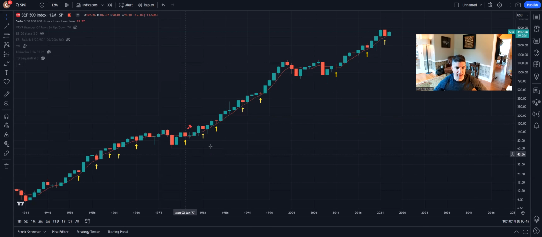So that's important to note. So now we move along to 81. You get a nice test, close above. The next year it closed at new all-time high above the previous year. 84, clean test, beautiful candle. Following year, massive gain, new all-time high. 1990, same story. 1994, same story, powerful rally.